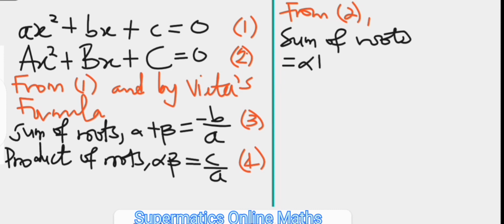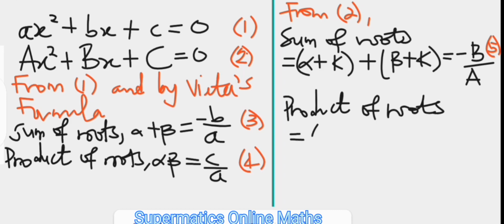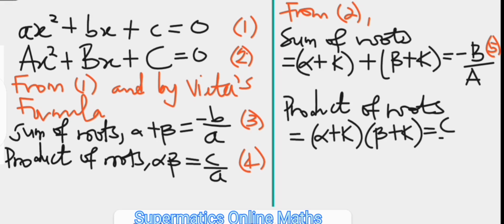So the sum of the roots is alpha plus k plus beta plus k, and this is minus capital B over capital A. Let us call that 5, while the product of the roots of that equation will be alpha plus k multiplying beta plus k, and that is capital C over capital A. Let us call that 6. So we're going to keep these as they are going to be needed as we continue the solution.